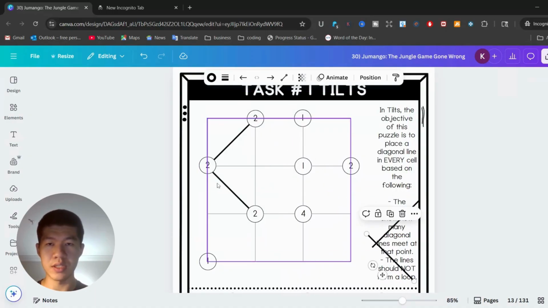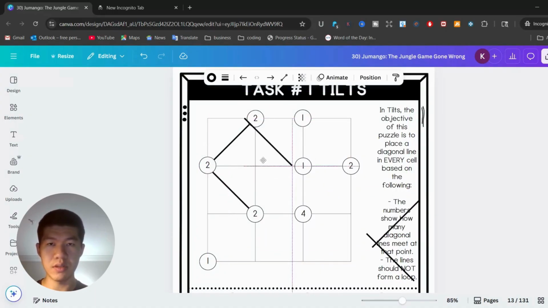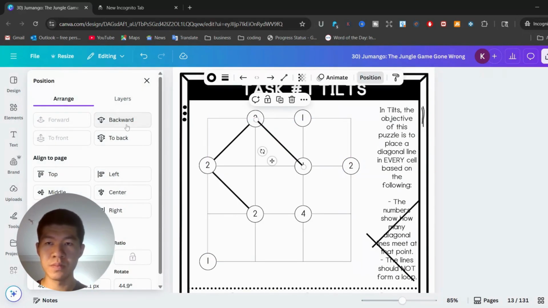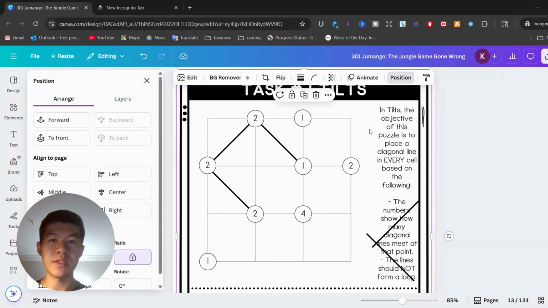I'm going to go ahead and just do this here. So something like this. So now I have 2 diagonal lines connecting to this 2, and 1 diagonal line connecting to this 1. So there are no more diagonal lines that are going to be meeting at this point here.